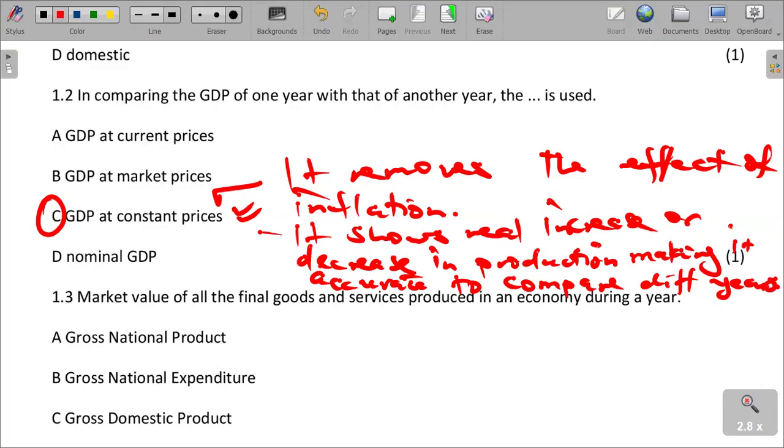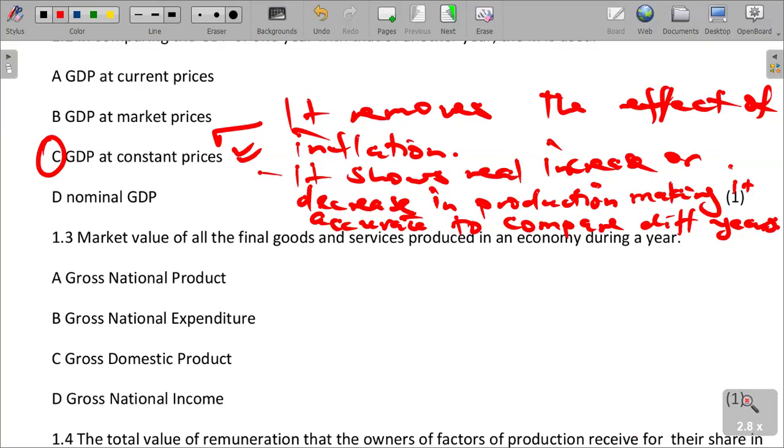That is why we use GDP at constant prices. It removes the effect of inflation. It takes away the effect of inflation. So the answer is C.